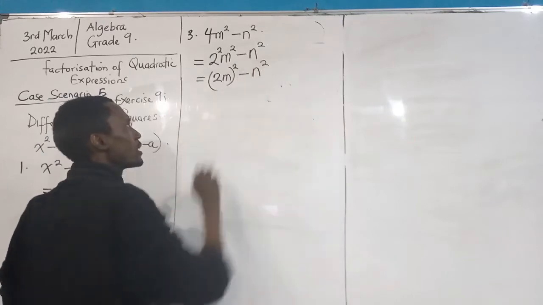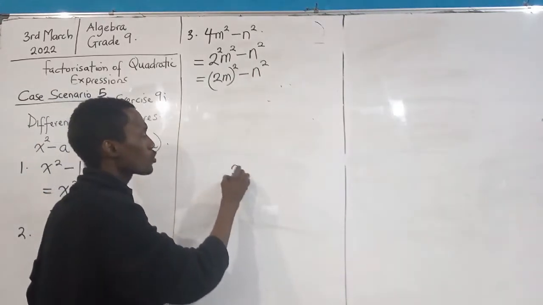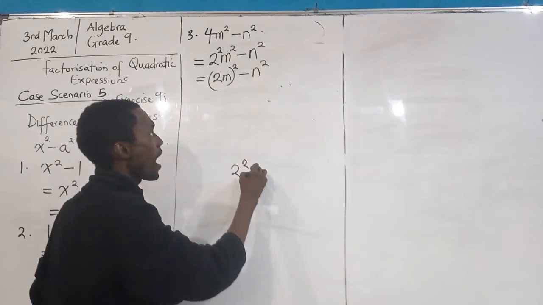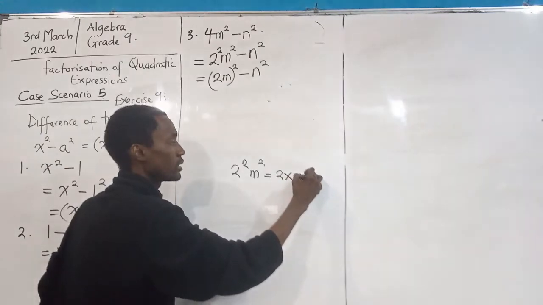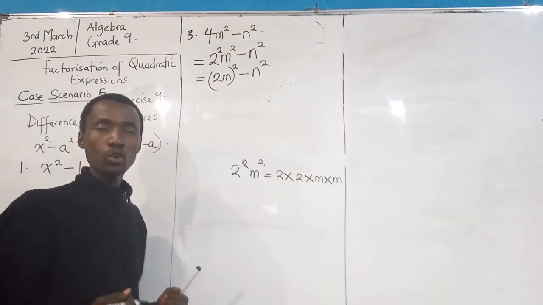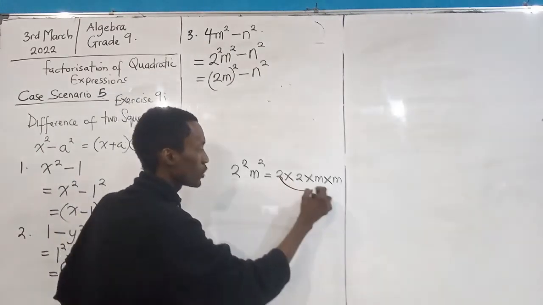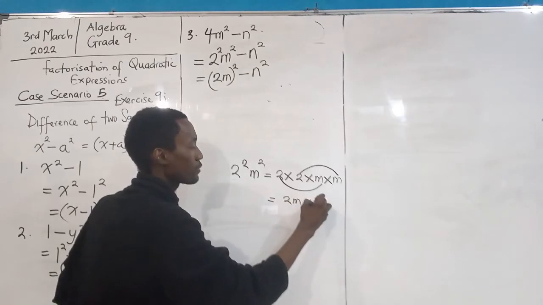Minus n squared. Now, some of us might still find it a little difficult to understand that. Now look at 2 squared m squared, it is the same thing as 2 times 2 times m times m. We can regroup them. I can group this with this and group this with this. What am I going to have? 2m times 2m.